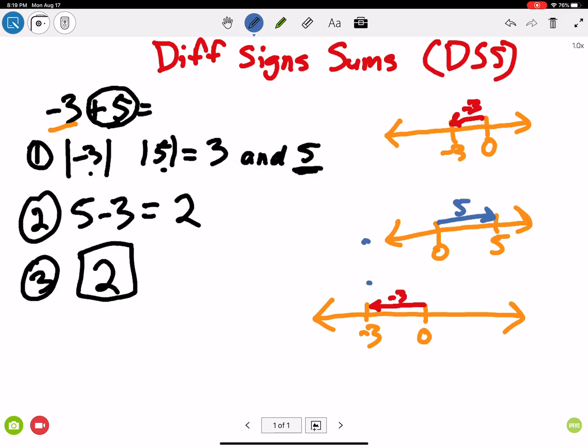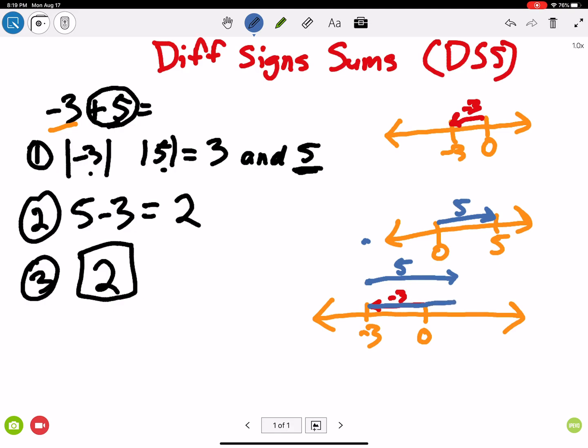So I walked to the left 3, and now I'm going to walk back 5 units to the right. Where do I end up? Well, I know this much of it is 3, so I can cross that out. And how much is left over from that 5? Good, 2, right?